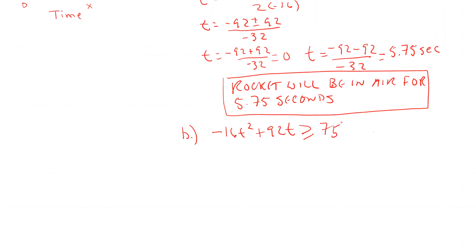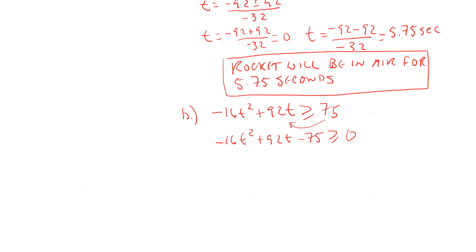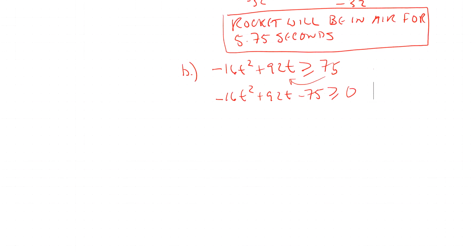Okay, now we need to solve this. So in order to solve it, we need to move 75 over, and we get negative 16t squared plus 92t minus 75 is greater than or equal to 0.